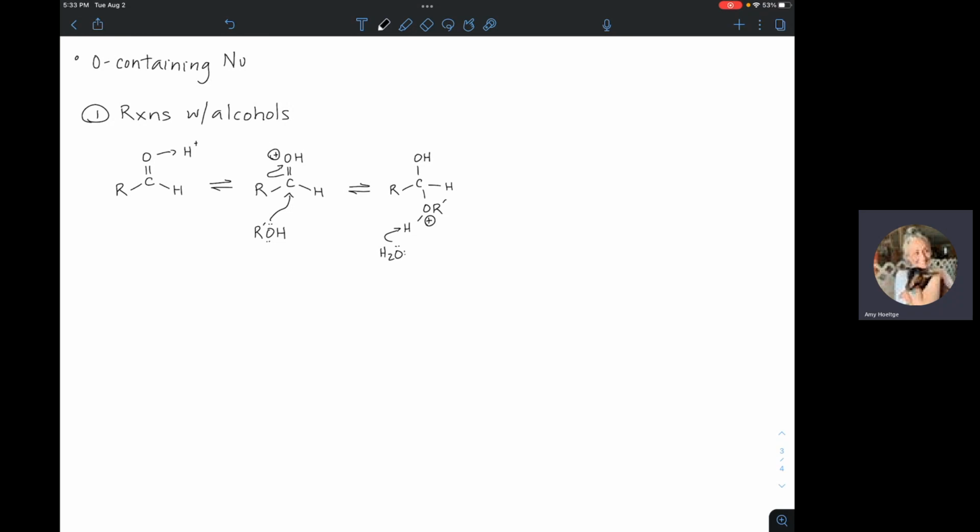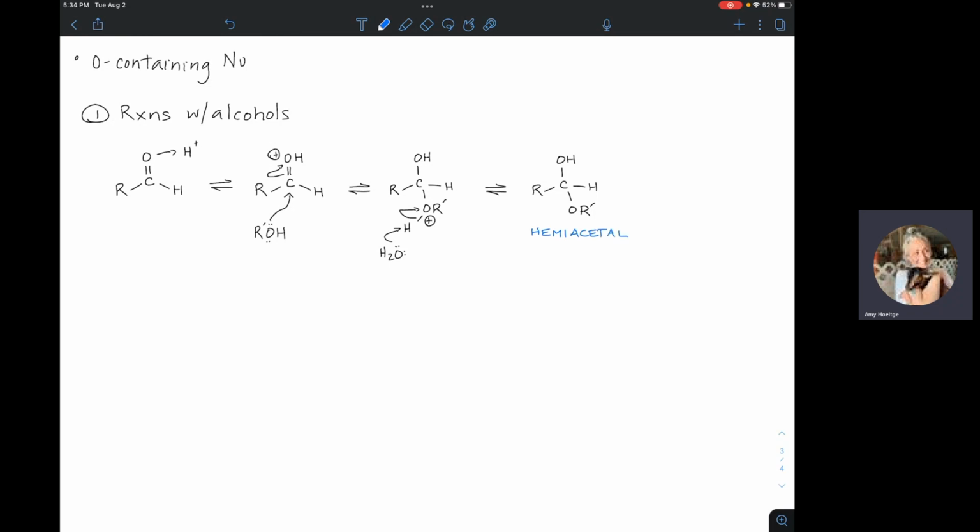And we can deprotonate that oxygen and give the electrons back to the oxygen and form something called a hemiacetal. This right here. Hemi means half. This is half of an acetal.